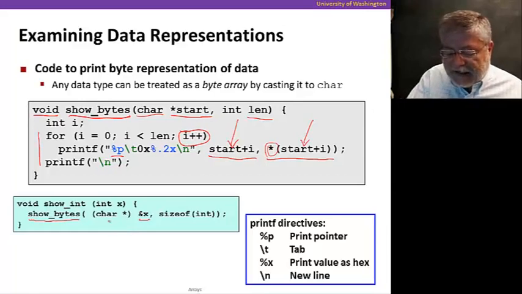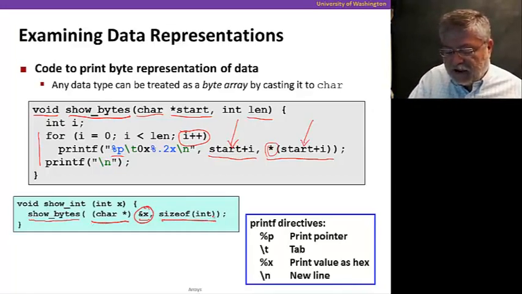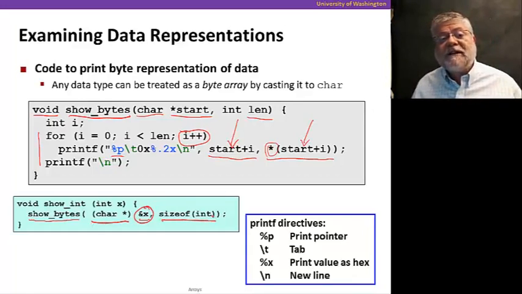Okay, this is C casting. What we've done is said we have an address here, but it's the address of an integer. Can you please treat that as the address of a character, and then pass it to the function? Okay, and then the length here is just the size of the integer. So here we would expect to see 4 bytes that are going to be printed out by the function.